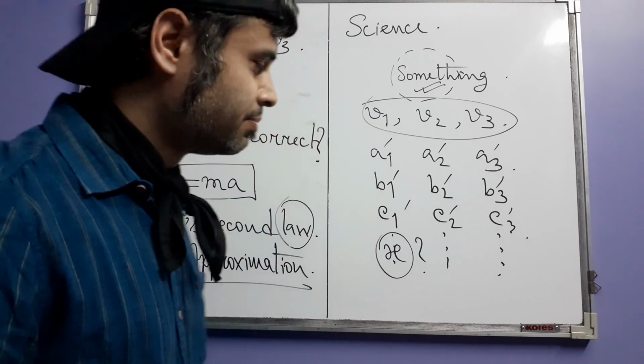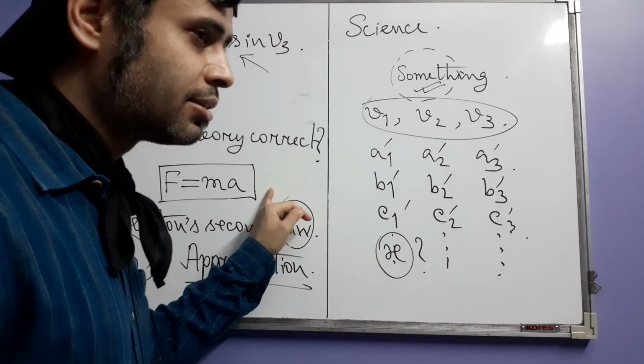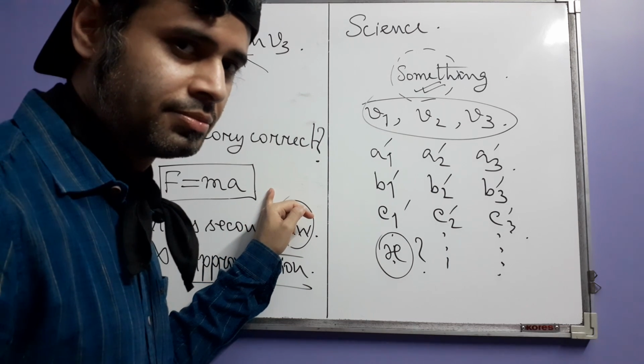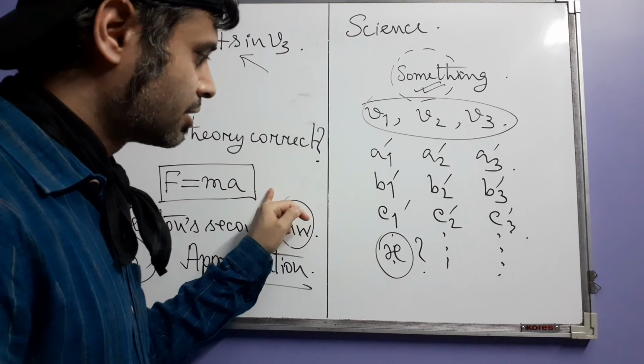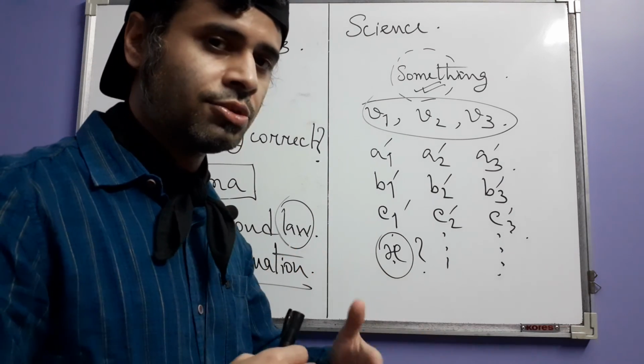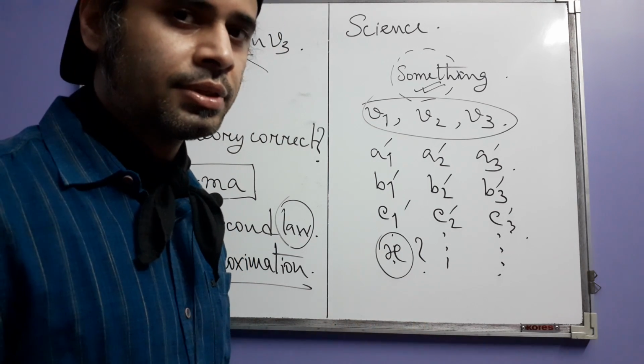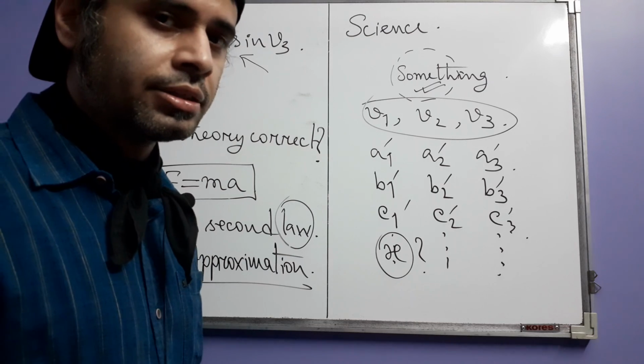And that is why Einstein had to come up with special theory of relativity. See, there are situations where a theory will be taken to its limit, and if you go beyond that, then the theory will fail.